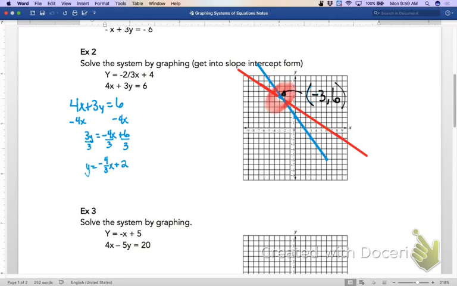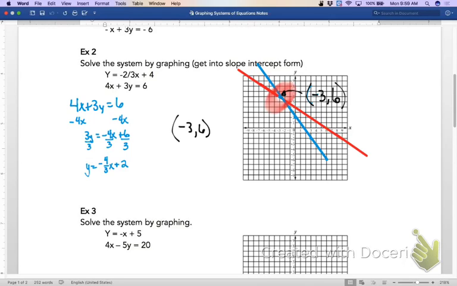Because you have a solution of negative 3 and positive 6, you can take it just like we did before with the 0 and the 2 and plug it back in to see if it's going to work. Again, it has to work in both equations. It has to work in the y equals negative 2/3 x plus 4, and it has to work in the 4x plus 3y equal to 6.